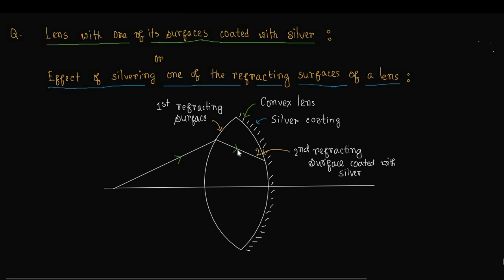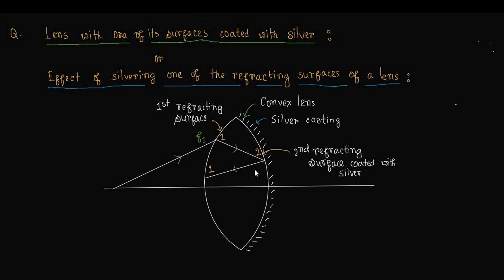This is the refracted ray inside the lens, and this refracted ray will be incident on the second refracting surface at this point. And this second refracting surface coated with silver behaves as concave mirror. That's why this ray will be reflected along this direction and will be incident again on the refracting surface inside the lens.